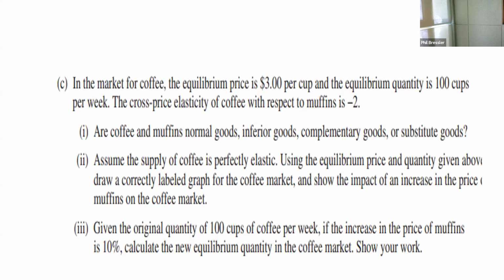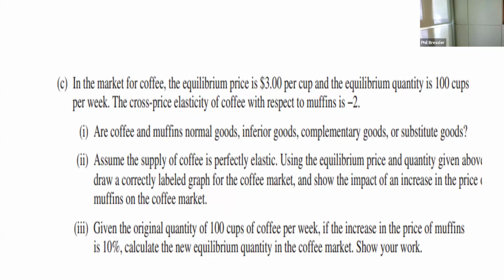Now, Colton, what is the supply curve gonna look like here that I'm drawing? Going up. Perfectly elastic. Then demand. And then what did they give you? $3 and 100, right?